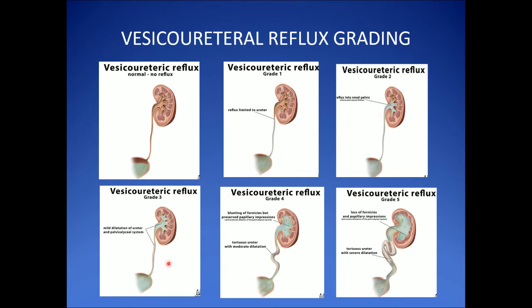In grade 3, reflux up to the pelvocalyceal complex with mild dilatation. In grade 4, you have a blunting of the fornices but preserved papillary impressions, and a dilated ureter. And the last grade, you have loss of the fornices and papillary impressions plus a dilated and tortuous ureter.